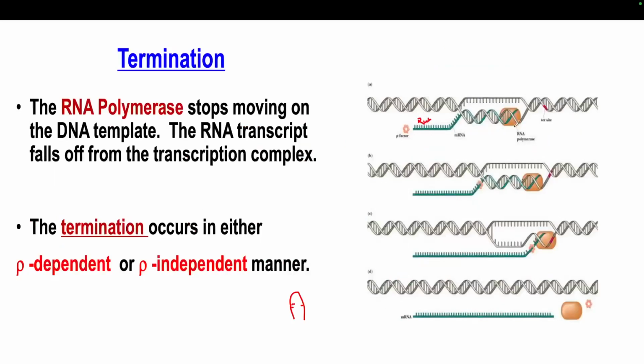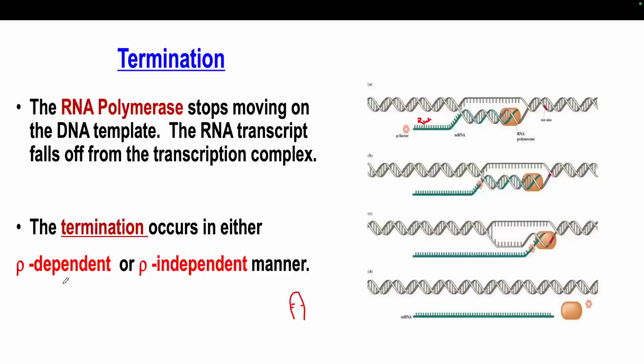Once it reaches the RNA polymerase, this rho factor gets a signal that it has to stop the RNA polymerase from further synthesizing the RNA. So after reaching here, it will do the helicase activity and separate this RNA from the DNA duplex, as well as this RNA polymerase will also dissociate from this complex, and the rho factor will also dissociate from here, and again it will go into the cycle.